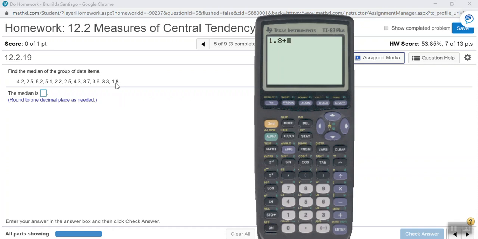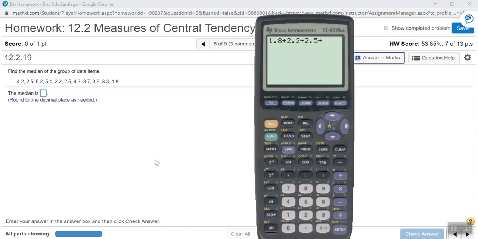So we have 1.8. After that, the next one is 2.2. After 2.2, it will be 2.5, the next one in order. Oh, the decimal point didn't show, 2.5.